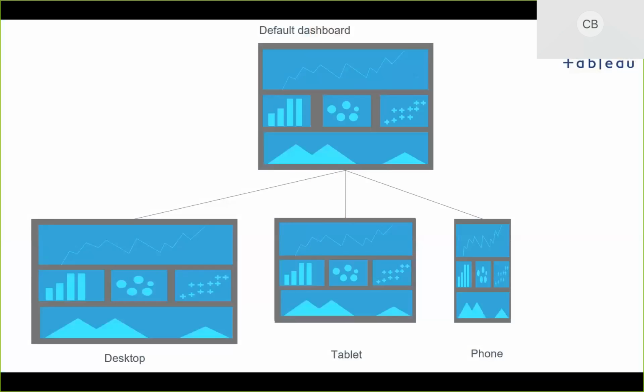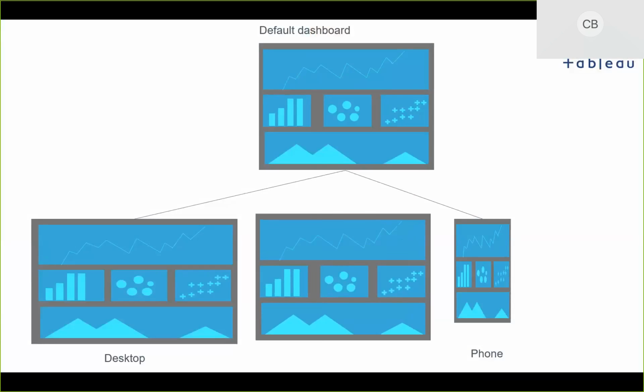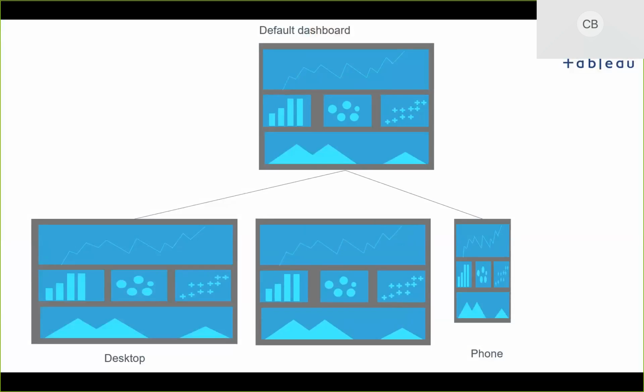A couple of examples of that would be, let's say we actually did not have a tablet layout. We only had the desktop and the phone. Well, what would happen? At that point, the helicopter parenting would continue, and the default dashboard would essentially take its place and supply that responsibility.